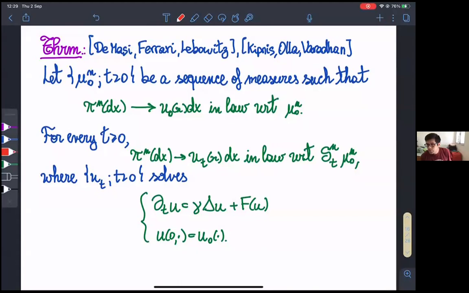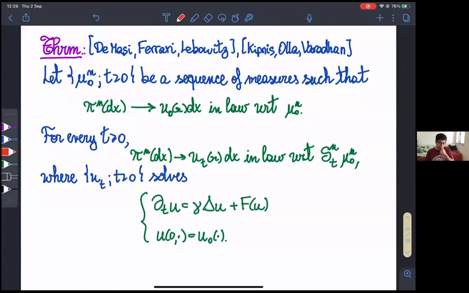Okay, so let's go. So we have this theorem. This theorem tells you the hydrodynamic limit of this model. But in terms of the stationary measure, what does this theorem tell us?